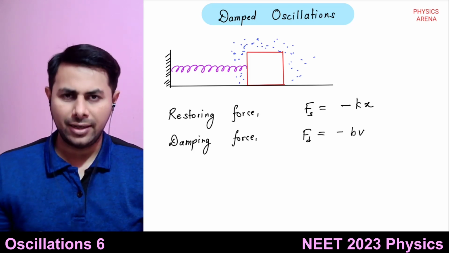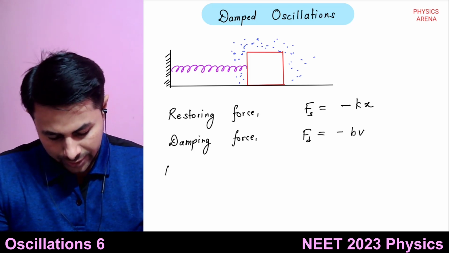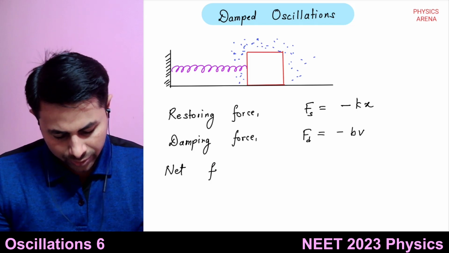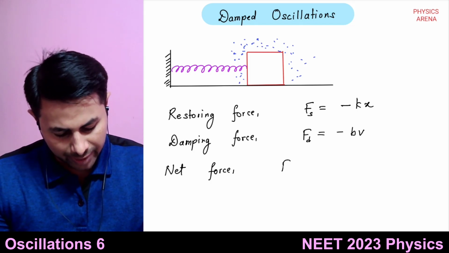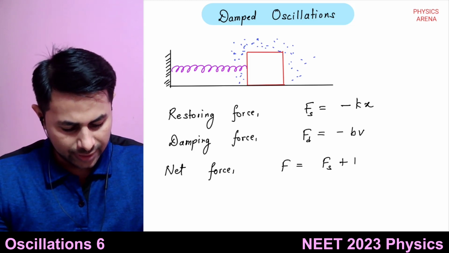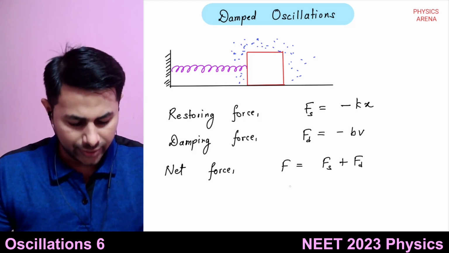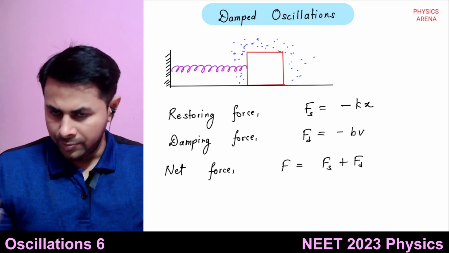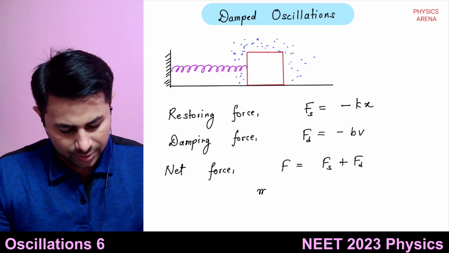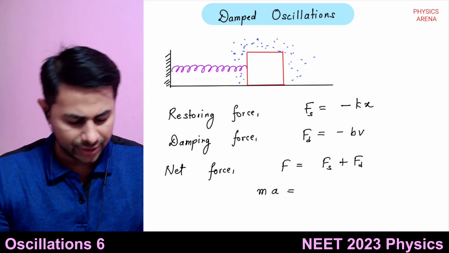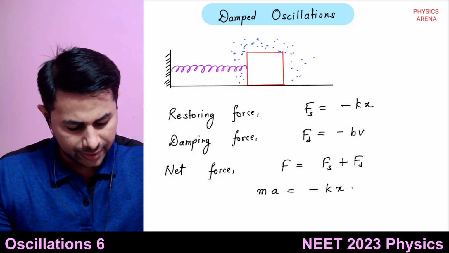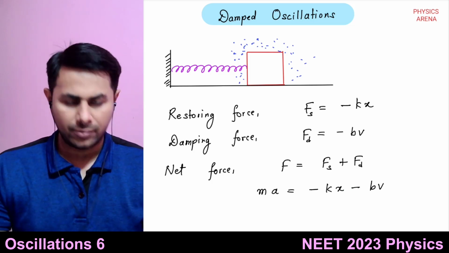So we can say at any given time, the net force acting on this spring block system is given by Fs plus Fd. We can write it as mass multiplied by acceleration, and it is equal to minus of k into x minus of b into v.